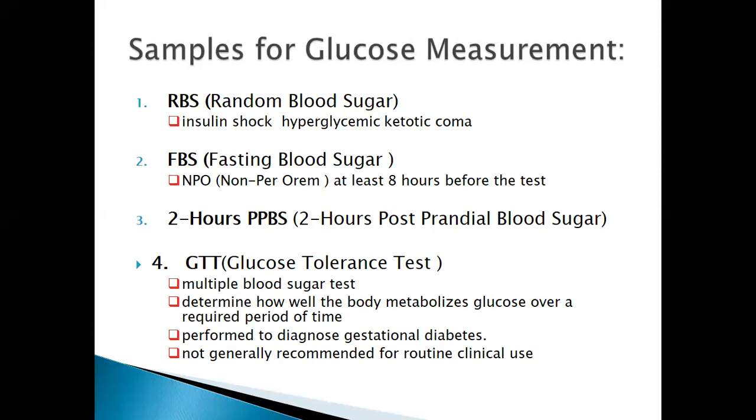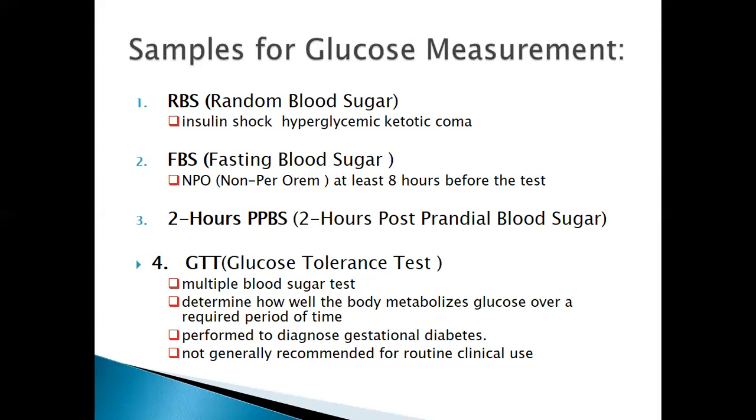Now we also have 2-hour postprandial blood sugar. We let the patient eat a meal, and 2 hours after, we test for the glucose levels. Another sample that we may get is the glucose tolerance sample.